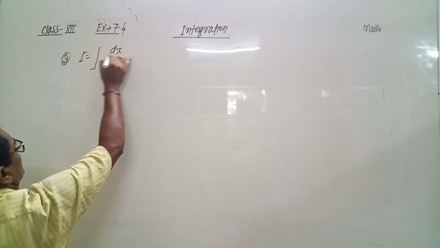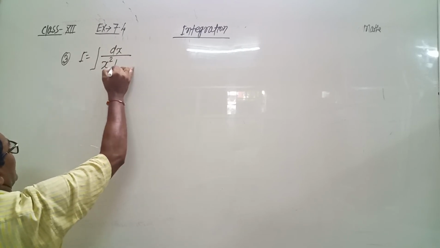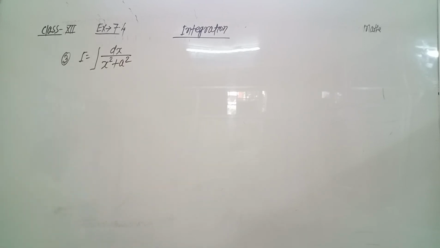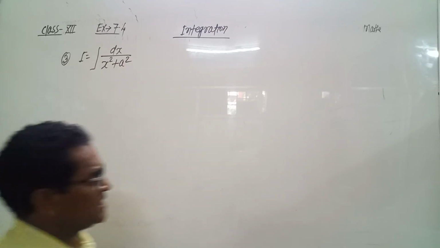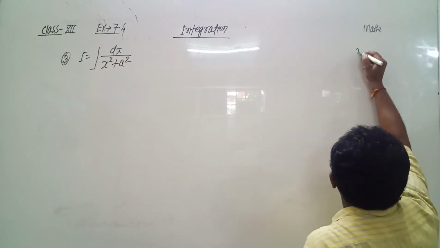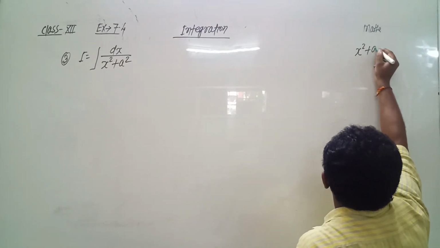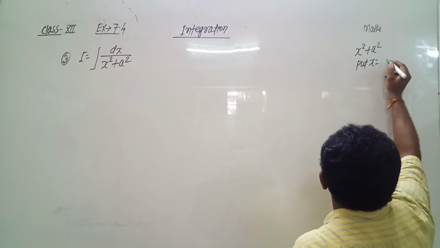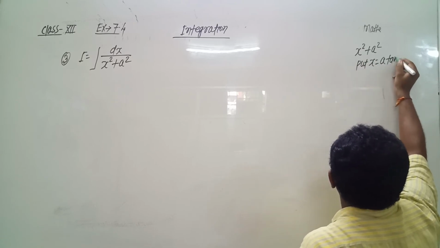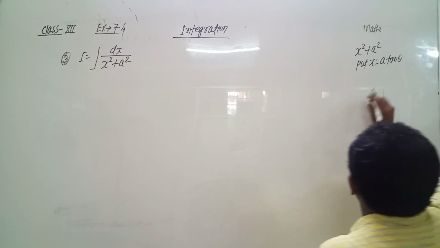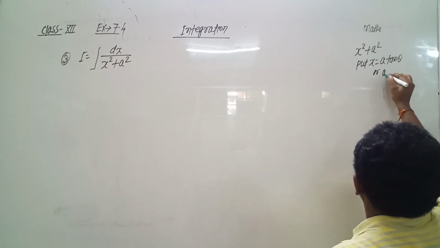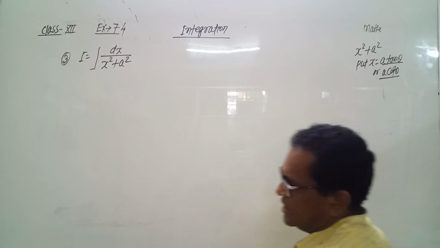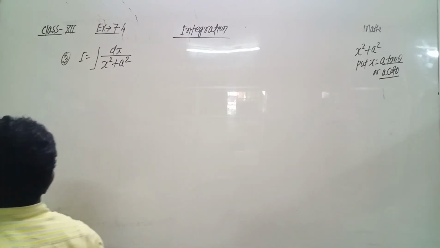If there is a form x square plus a square, then we put x equals to a tan theta or a cot theta. We put either a tan theta or a cot theta.